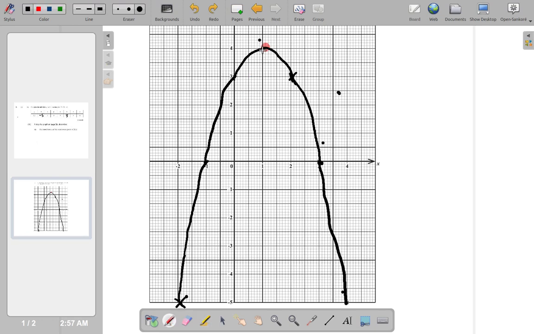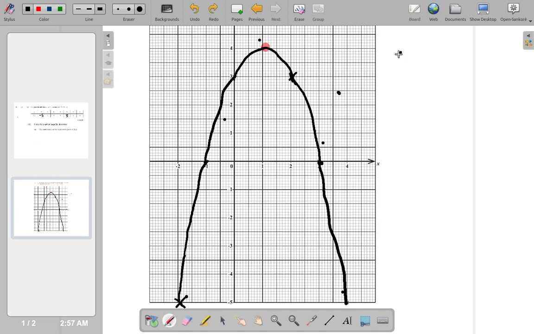Now this point, the highest point, I would expect on the graph to be above 1, to be above when x equals 1, because this is where x equals 1, and beside f of x is equal to 4. So here it is above x is equal to 1 and beside f of x is equal to 4.